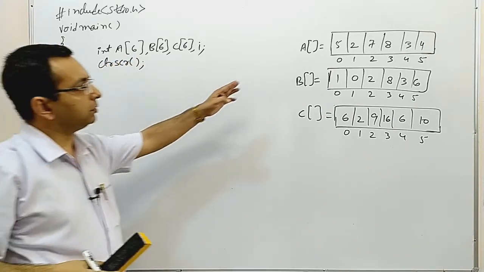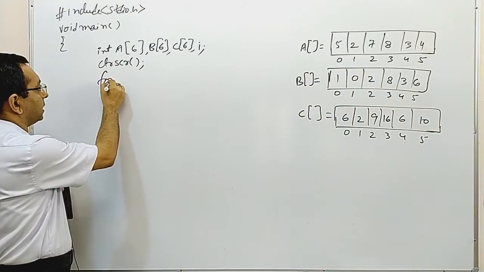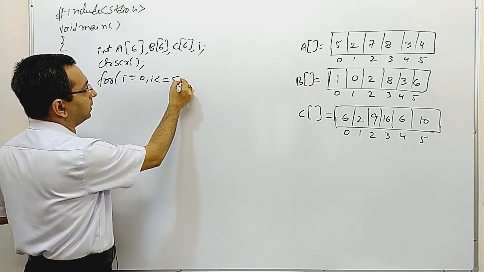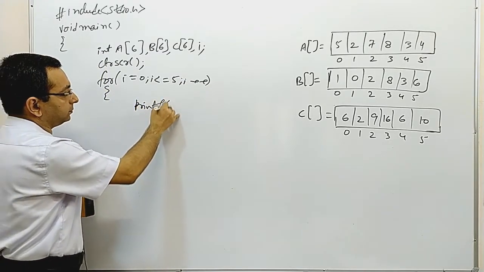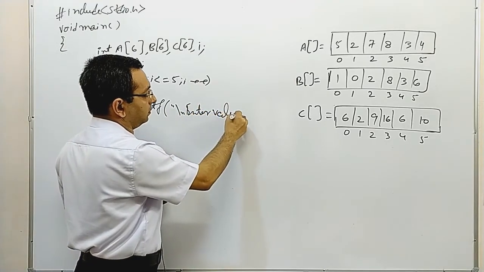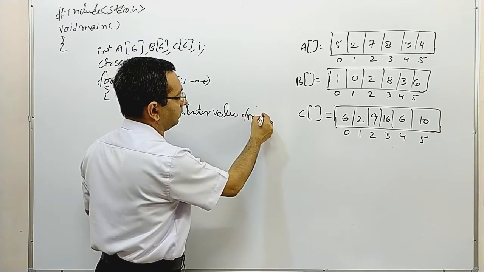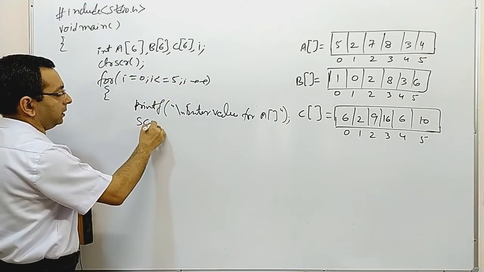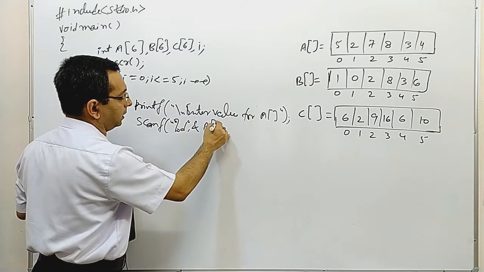First of all, we have to take input A. Then we start a loop for I equal to 0, I less than or equal to 5, I plus plus. printf "enter value for A array", and then scanf "%d", ampersand A[I].